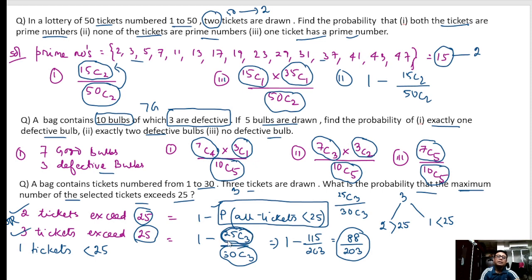If I subtract the option that all the 3 tickets are less than 25 from the total probability of 1, I will get my answer, that 2 tickets can be more than 25 and 3 tickets can be more than 25.